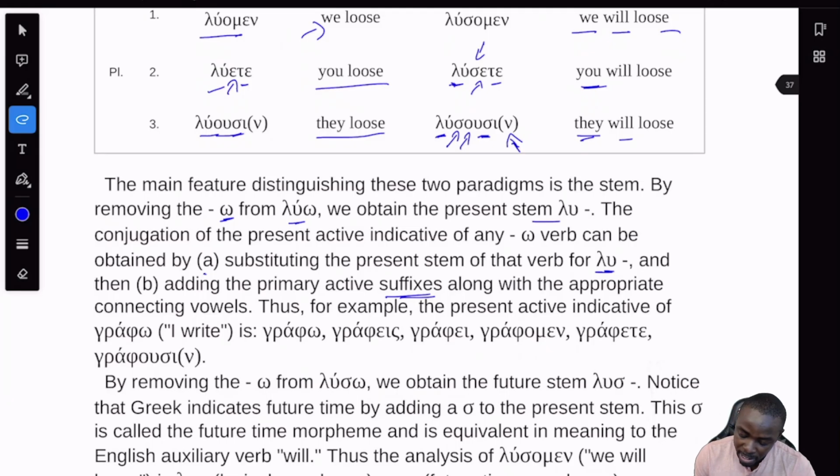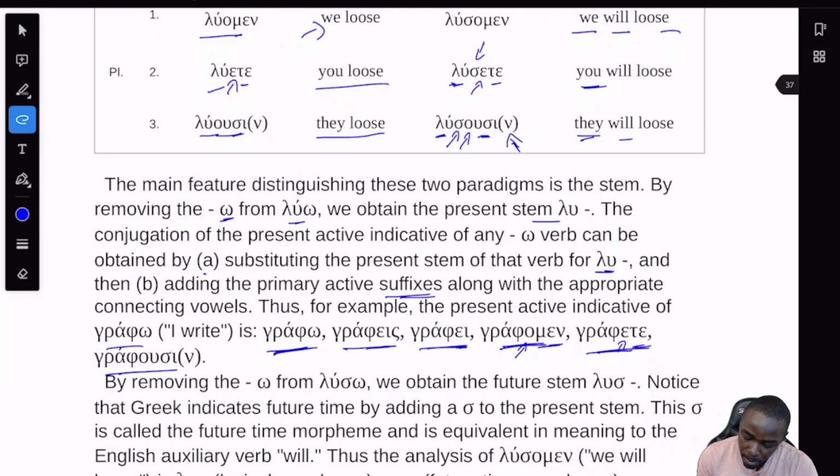Thus, for example, the present active indicative of grapho, I write, is grapho, I write, and then you have eis, you singular, and then you have ei, third person singular, then you have the neutral morpheme, then men, first person plural, then you have the morpheme, then te, second person plural. So in this case, you have grapheis, which would be you write singular, then you have graphei, which would be he, she, or it writes, singular, then you have graphomen, which is we write, and then you have graphete, which is you write, and then you have graphousi or graphousin, which is they write.